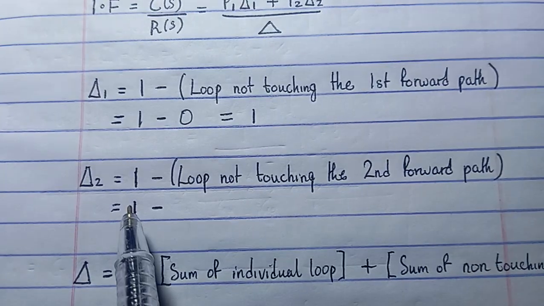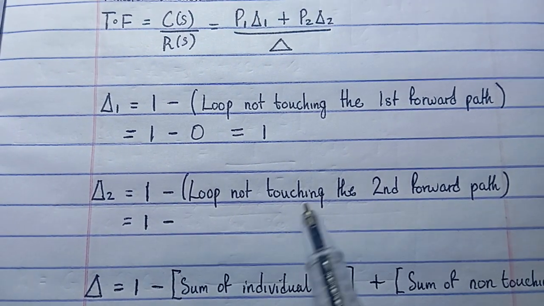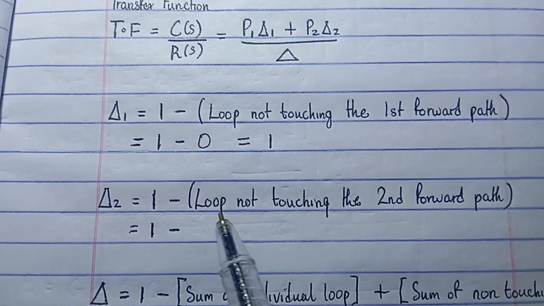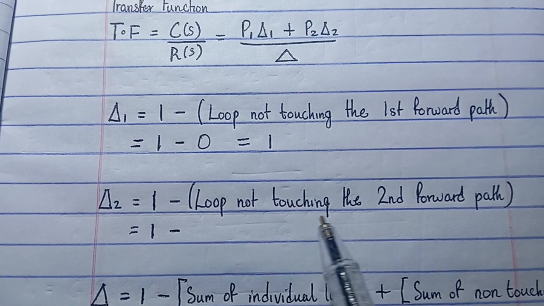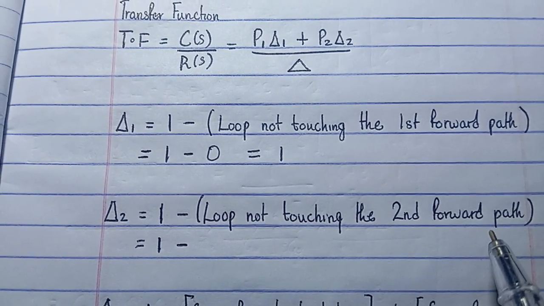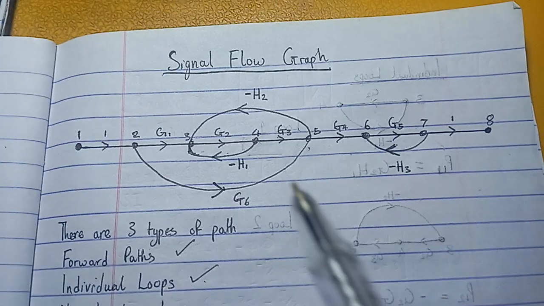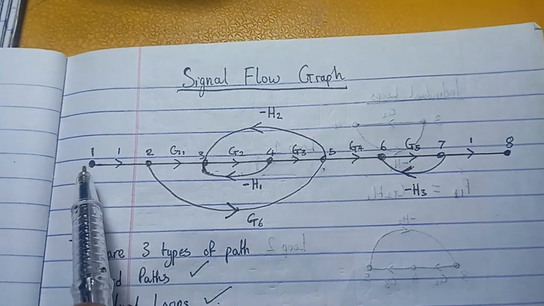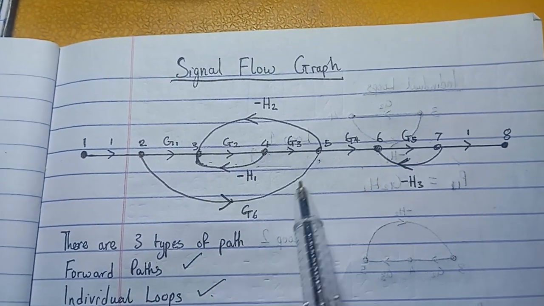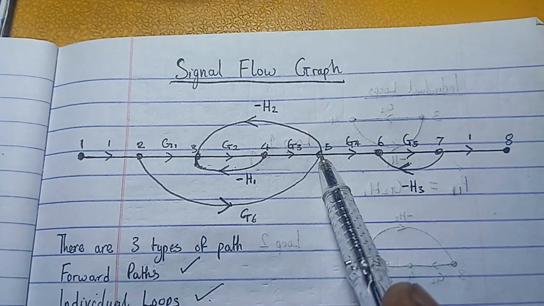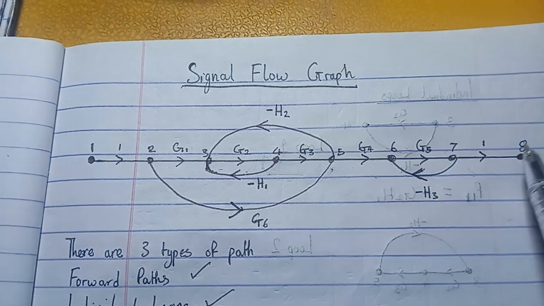Then the next, delta 2, is 1 minus the loops not touching the second forward path. Now, this is our second forward path. We have 1, 2, we follow here, and 5, 6, 7, 8.